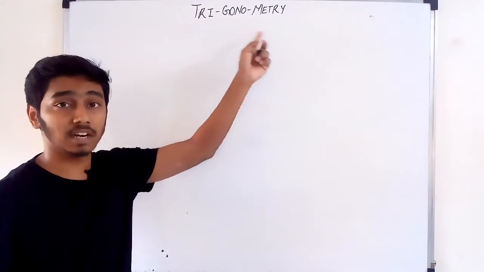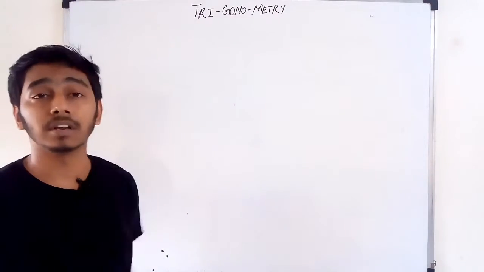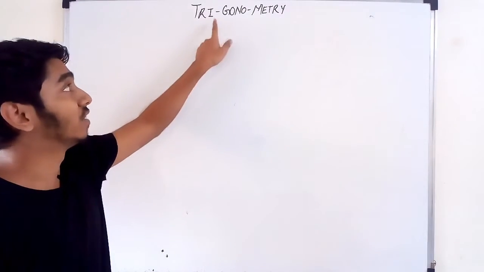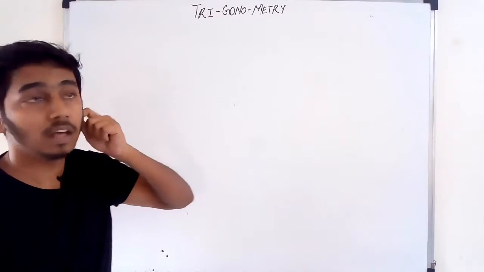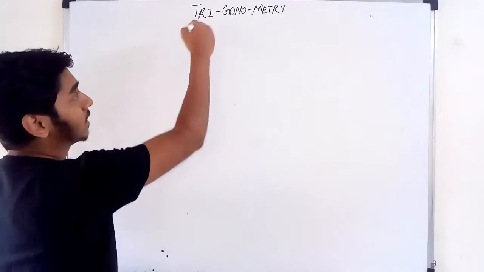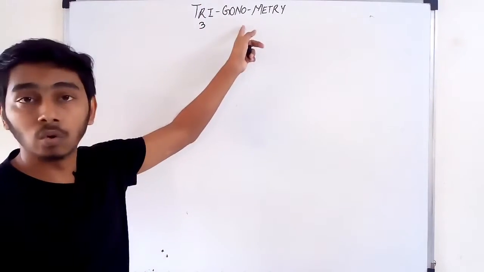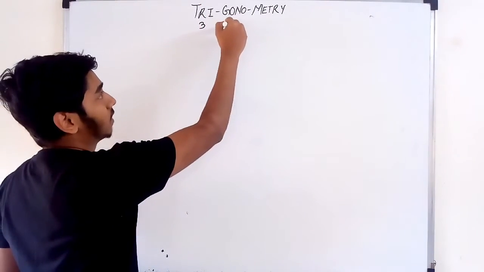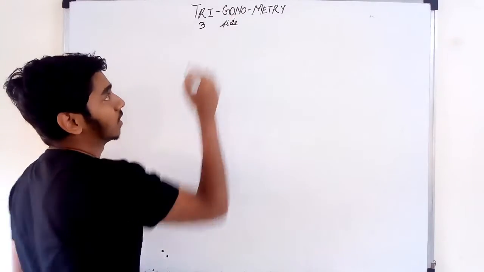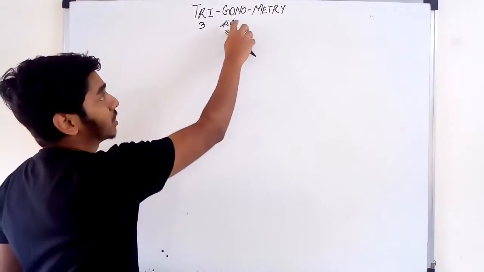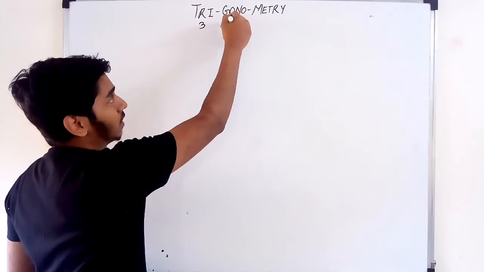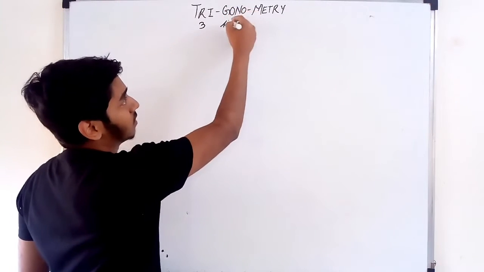First of all, we'll start with the word. What is the meaning of the word trigonometry? So I've written it in short forms. Tri means three, gono means side, and metry means measurement.